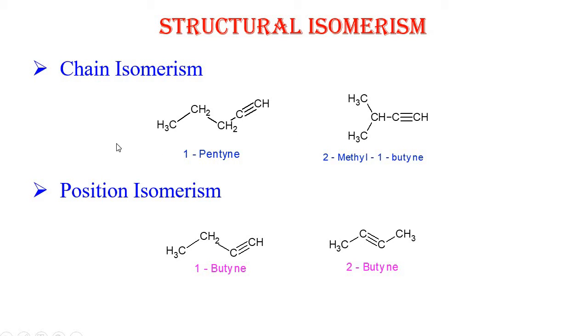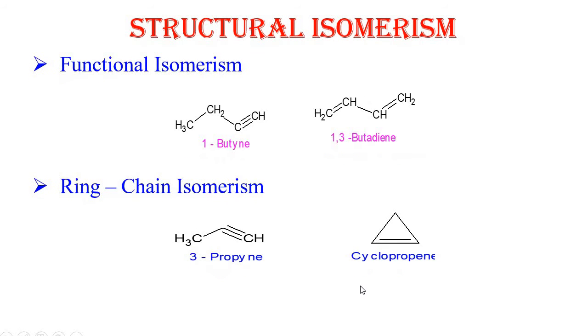One compound is a straight chain in which the carbon chain is present in straight form, while in the other form the carbon chain is branched. Next is position isomerism. As the name indicates, the position of the triple bond is different. In 1-butyne, the triple bond is present at the first position. In 2-butyne, the triple bond is present at the second position.